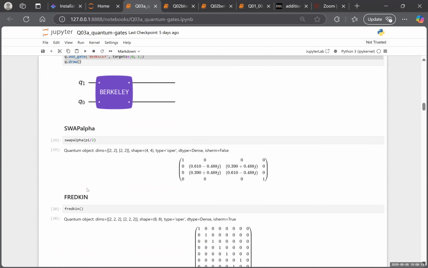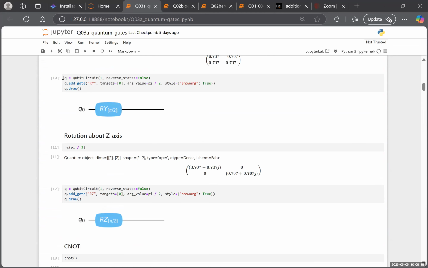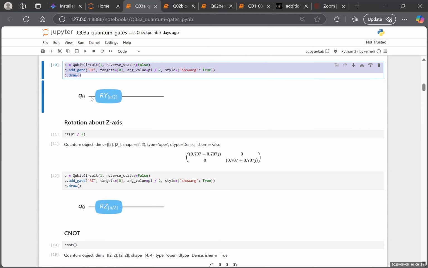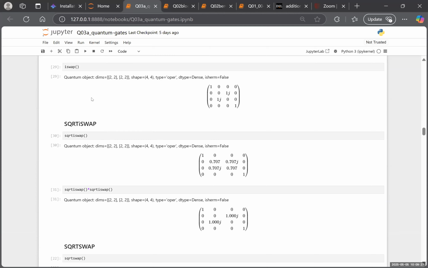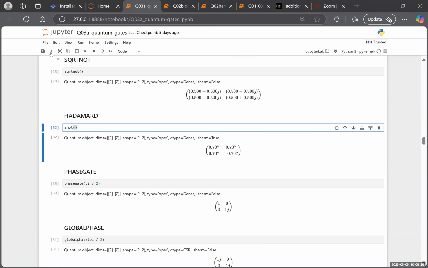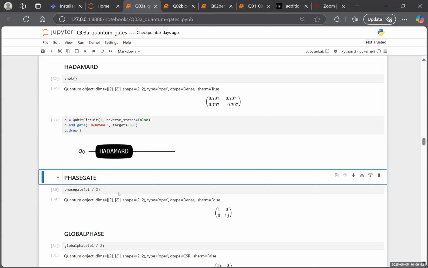You can see how it draws the Hadamard. We just copy phase gates.